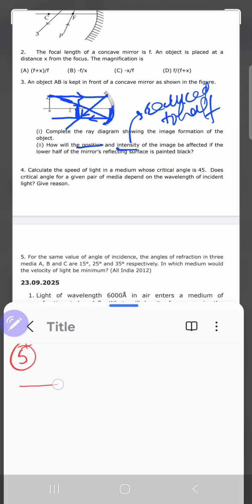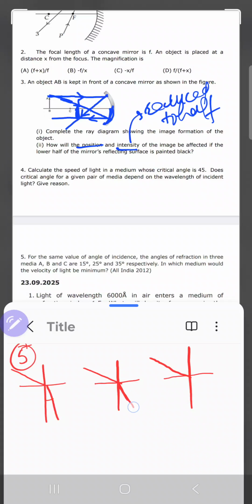So here all the three media have the same angle of incidence, and let us consider this as the angle of incidence. It may have any value. So here also this angle is same, and here also it is same. And in this medium, angle of refraction is only 15 degree, and here it is 25 degree, little increased, and here it is 35 degree.